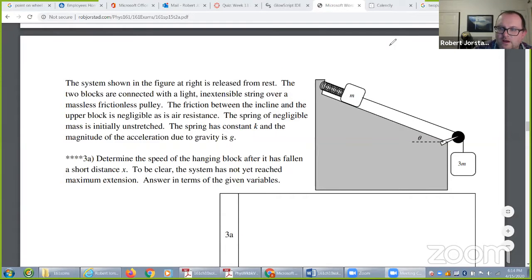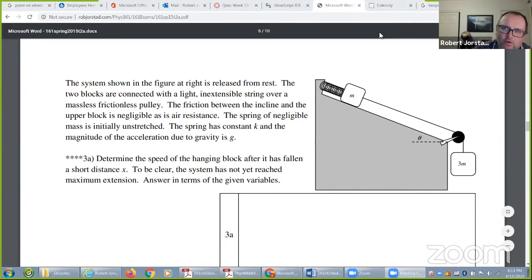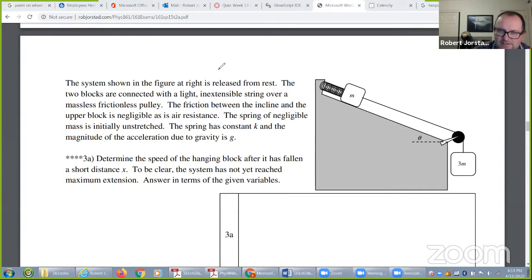Yeah. So Nick asked a really good question, and this is what I've seen a lot of times. People try to use the spring force on this problem, and that's a horrible, horrible way to do it. The reason is that the spring force changes. The spring force is not constant. So don't use forces at all on this type of problem, okay?